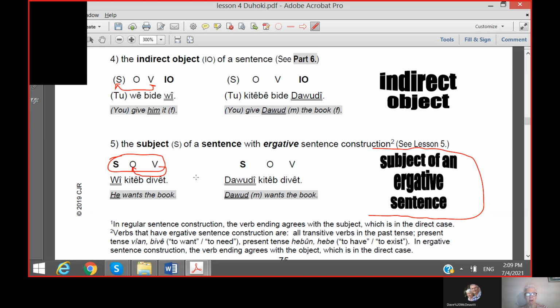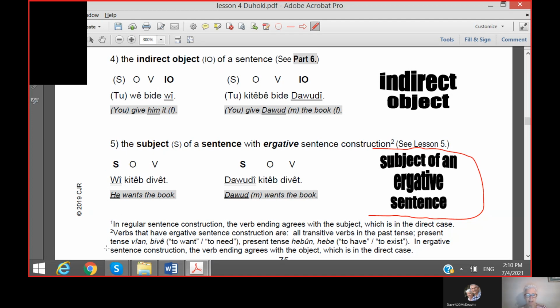The easy way to remember is that the verb ending always agrees with whatever is in the direct case, not the oblique case. So the verb ending never agrees with whatever's in the oblique case. It always agrees with whatever is in the direct case. Here's an example. He wants the book.